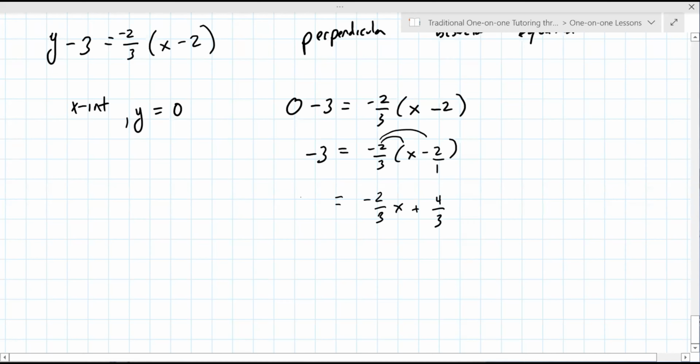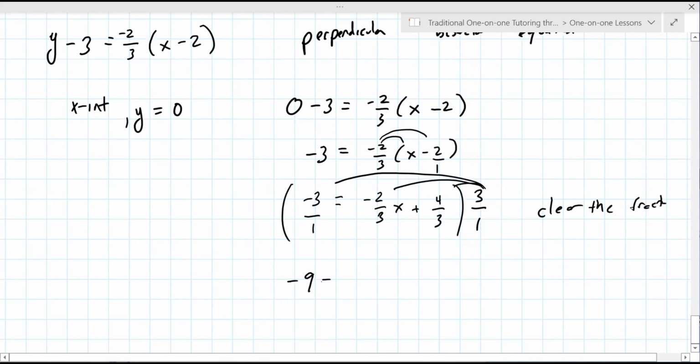Now to do the next part, you actually probably want to clear the fraction. Multiply everything by 3. And then that would leave you with negative 13 equals minus 2x.